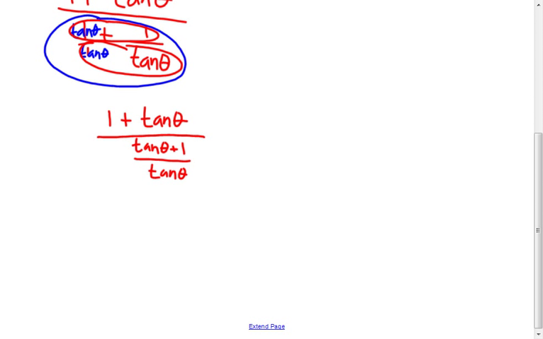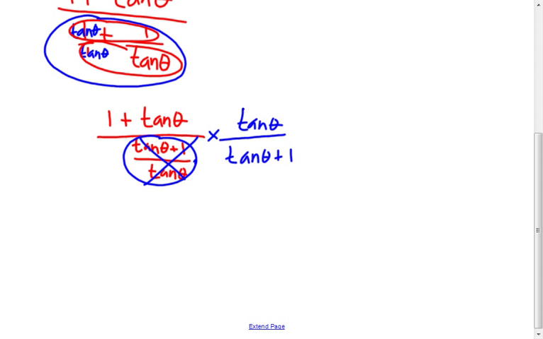So I still have fractions within fractions, but at least the numerator is one fraction and the denominator is one fraction. Now, instead of dividing by this fraction right here, what you need to do is flip it and multiply by the reciprocal. So instead of dividing by this, I am going to multiply it by tangent over tangent plus 1. And I'm going to cross that off because I multiplied it.